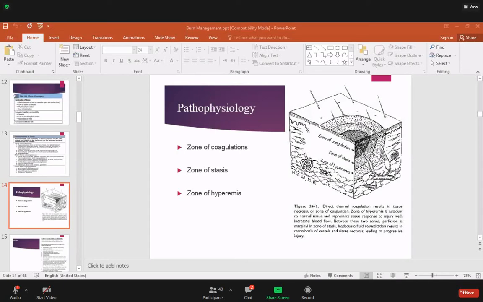There will be progression in the injury status or injury limit. So it is very important that once you have such a patient, you should start the resuscitation from the very first time, because delay in resuscitation has a bad impact on the overall survival or outcome of the burn.